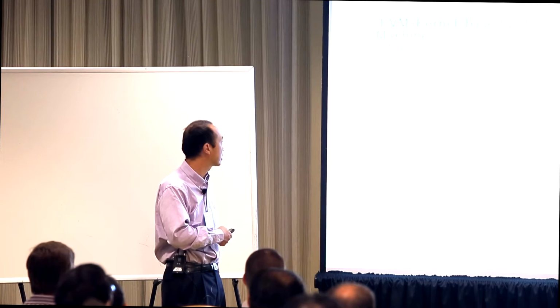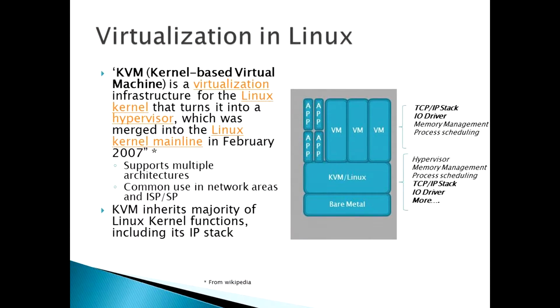KVM inherits most things from the Linux kernel, including memory management and process scheduling, but it also inherits functions such as the IP stack. From a high level, when people deploy hypervisors, we also get the TCP/IP stack and I/O drivers from Linux. On top, in the VM, we also have a TCP/IP stack and I/O drivers. That is an interesting point for today's topic.